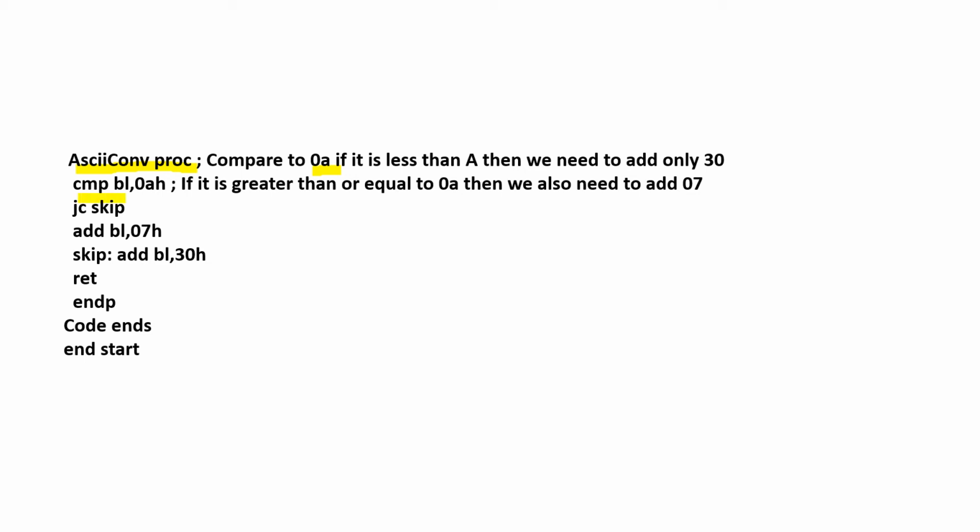For that we compare bl, 0Ah. Here we are comparing the value to 0Ah. If it is greater than or equal to 0Ah, then we also need to add 07. If it is less, we need only to add 30.